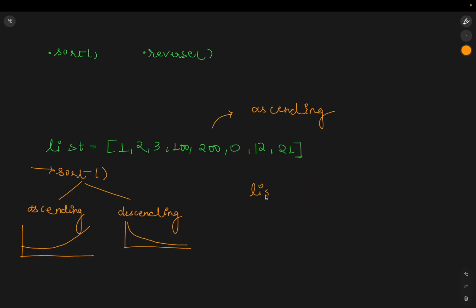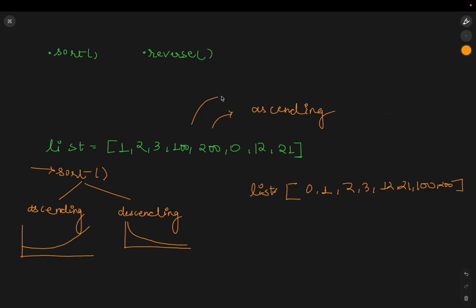Your final list is going to look like this. Ascending means smaller elements will come first: 0, 1, 2, 3, 12, 21, 100, 200. So these are your elements sorted in the ascending format.